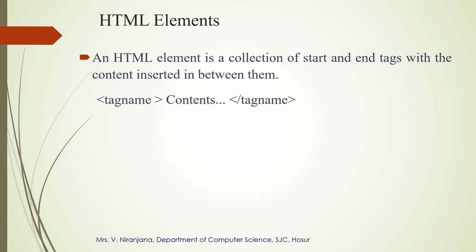Every HTML element will have three of the following: opening tag, closing tag, and the content. The opening tag is used to tell the browser where the content material starts. The closing tag is used to tell the browser where the content material ends. The content is the actual material inside the opening and the closing tag, situated in between the tags.